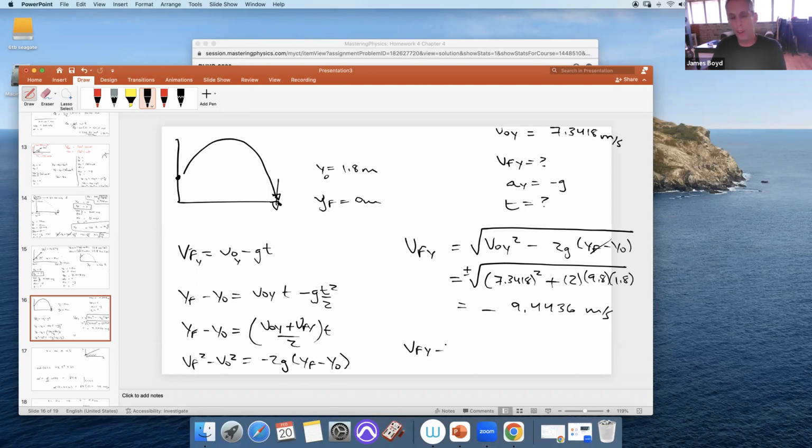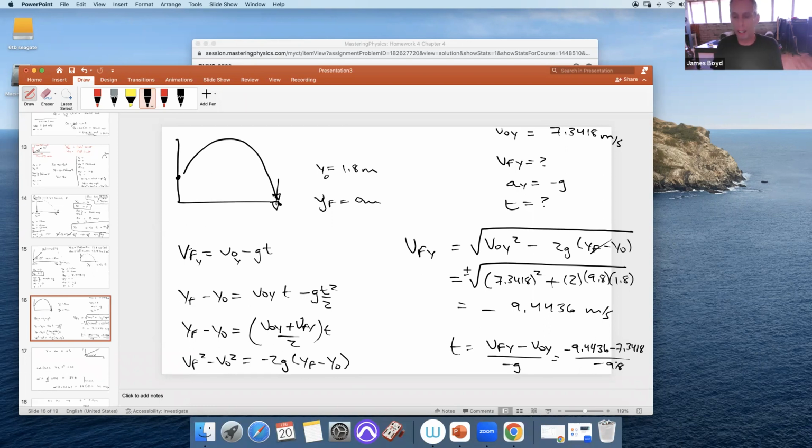Now that I have that, I can use this to find the time. So V final of Y minus V initial of Y is negative GT, or if I divide through by negative G, T is V final of Y minus V initial of Y over negative G. This is negative 9.4436 minus 7.3418 over negative 9.8.